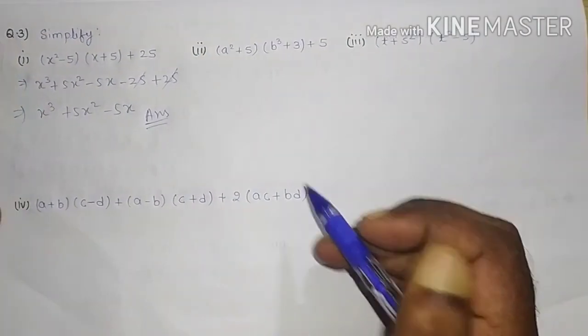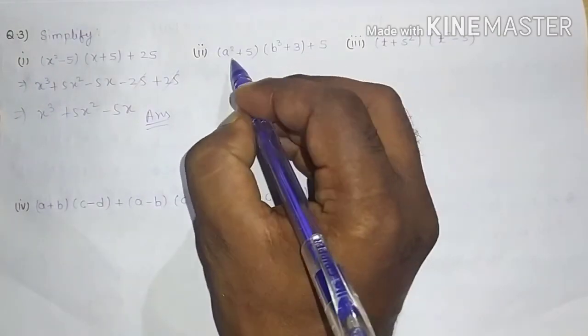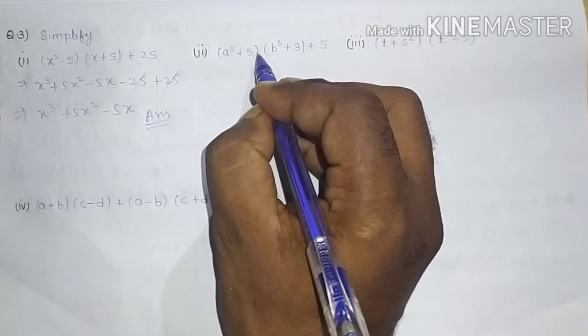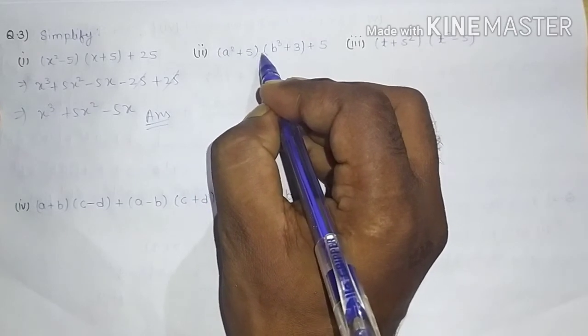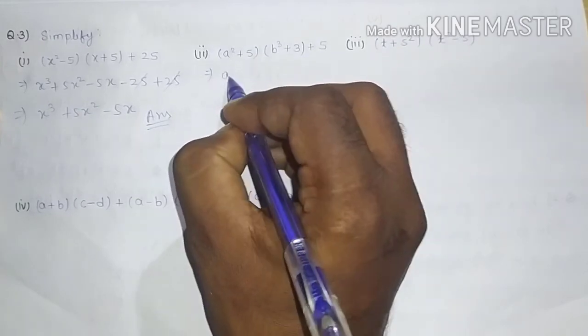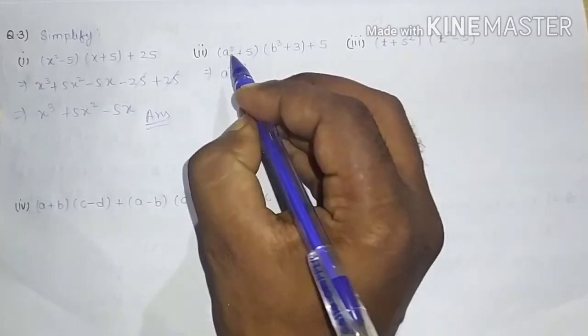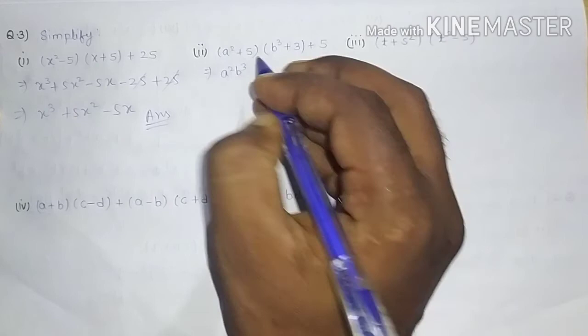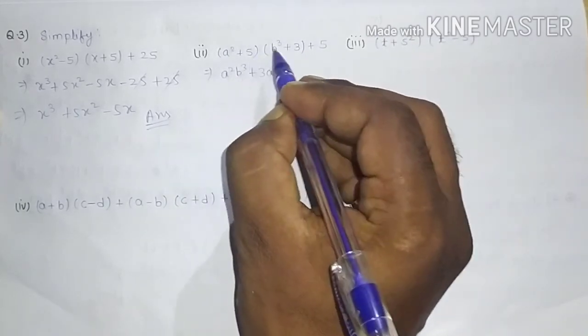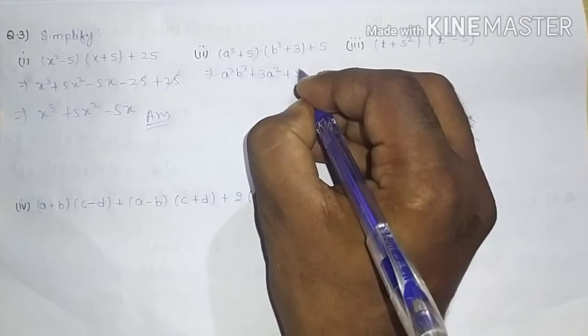Now the next question, that is question number 2. (a² + 5) and (b³ + 3), plus 5. So there is a multiplication sign, so just multiply it. a² into b³, so it will be a²b³. Now a² into 3, so it will be 3a². 5 into b³, it will be 5b³.